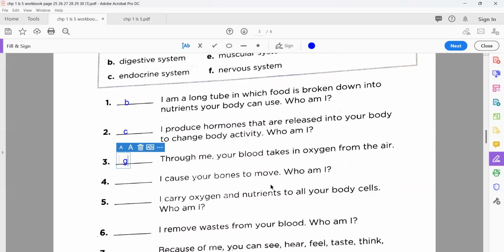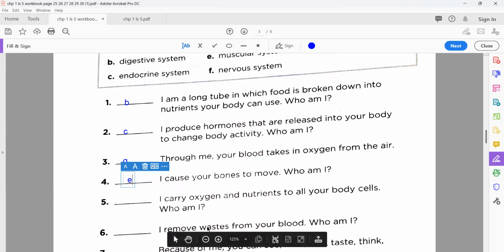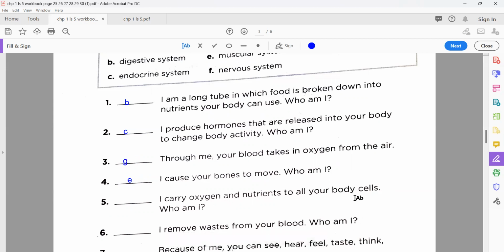So the best option for number 4 is E, muscular system. Very nice. Number 5. I carry oxygen and nutrients to all your body cells. That is A, circulatory system.